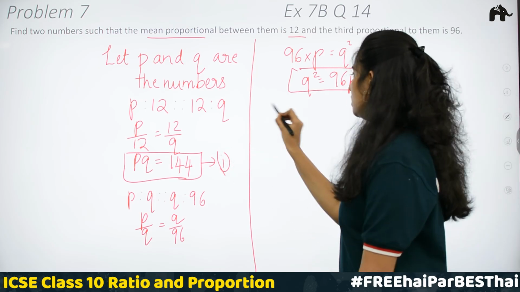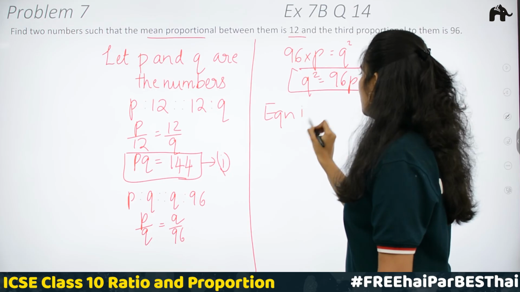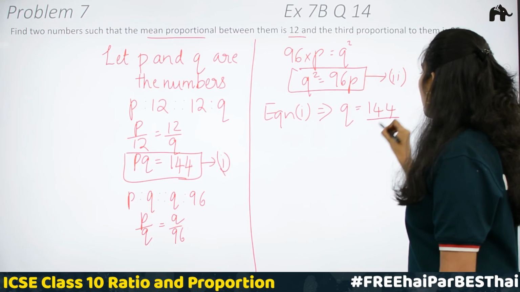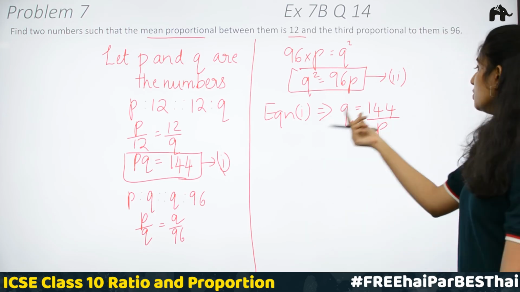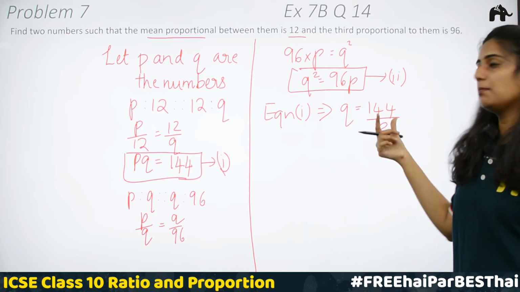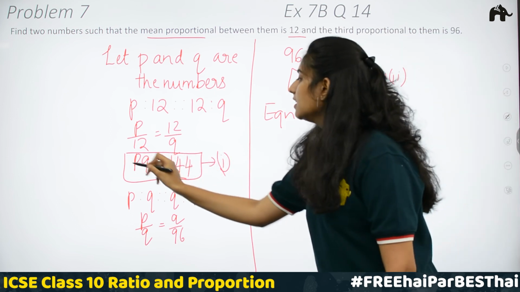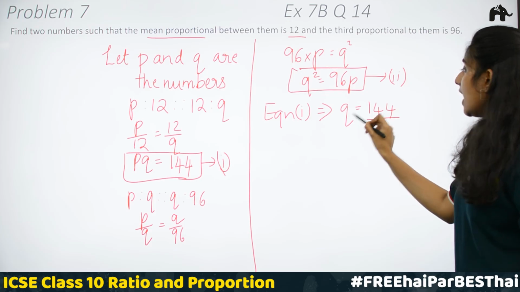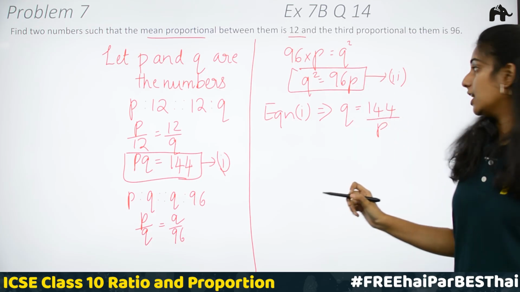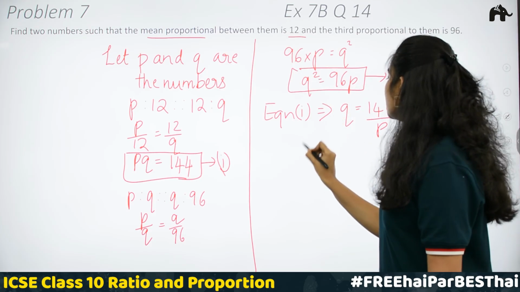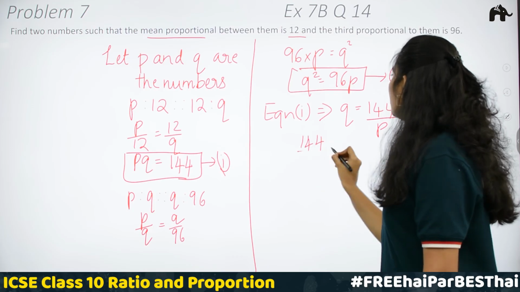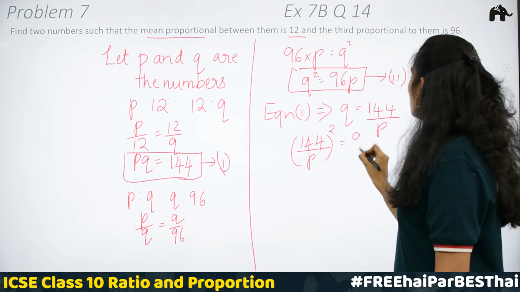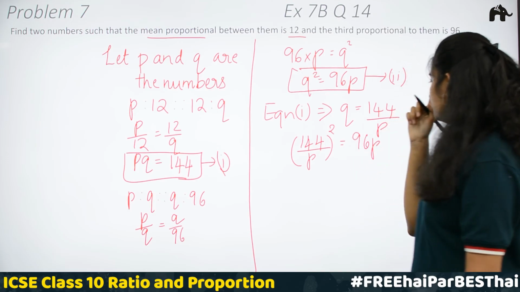From the first equation, equation 1 implies Q is equal to 144 divided by P. Here it is multiplication, taking this P to the opposite side becomes division. Now I am substituting this value of Q in the second equation. Here we have Q square, that is 144 divided by P whole square is equal to 96P.